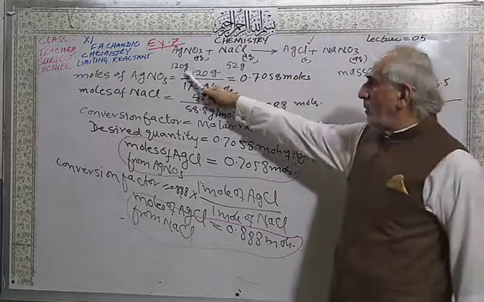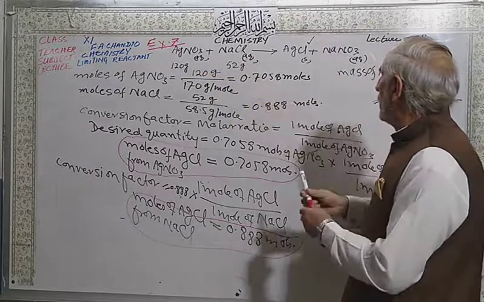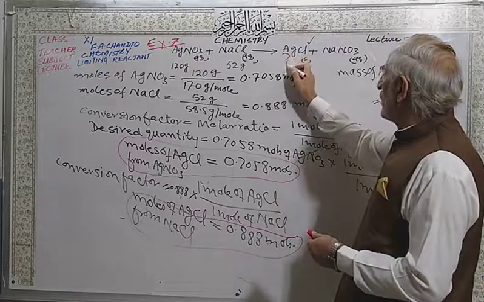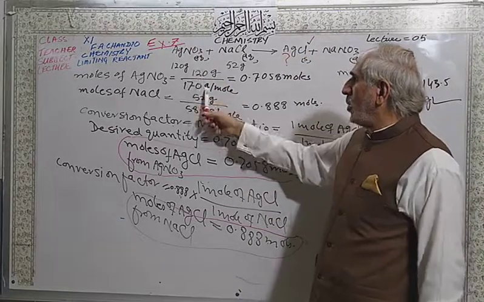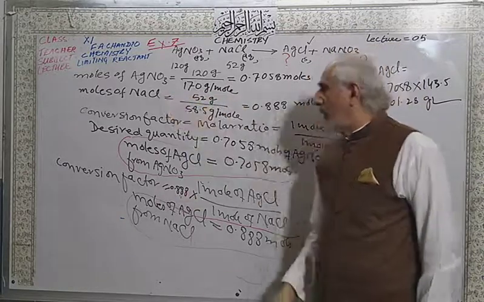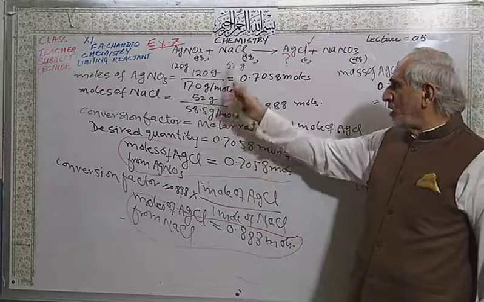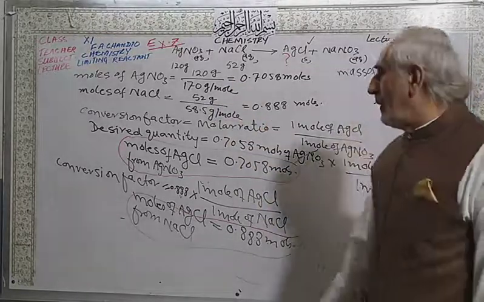So 120 grams silver nitrate is given, 52 grams sodium chloride is given, and this is the question mark for you. First we convert into number of moles, mass in grams over molar mass. These are the number of moles of silver nitrate. Same, 52 grams given, molar mass this. These are the number of moles of sodium chloride.